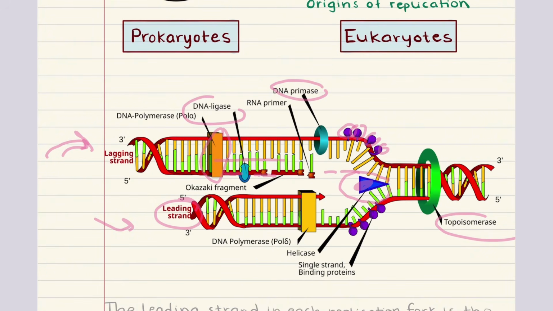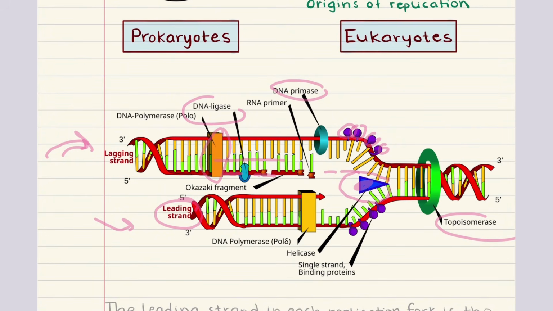It forms phosphodiester bonds between adjacent fragments to create a continuous new strand. All of this activity, unwinding, priming, synthesis, occurs at both replication forks on both the leading and the lagging strands. And it repeats across multiple replication bubbles in eukaryotic genomes.